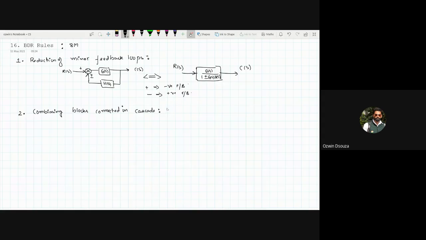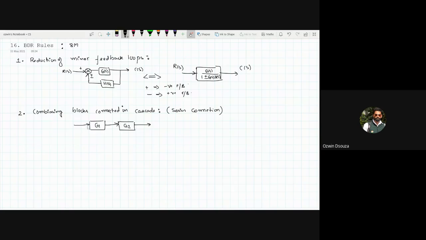Sometimes it is also called series connection, or feed forward connection. Let's say in your main block diagram you encounter such a scenario: you have some block G1 which is connected to some block G2 in this manner.